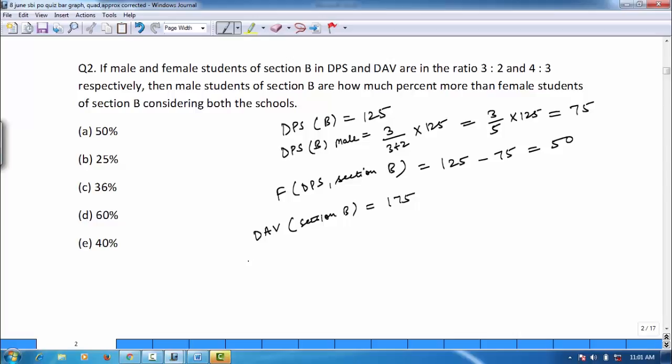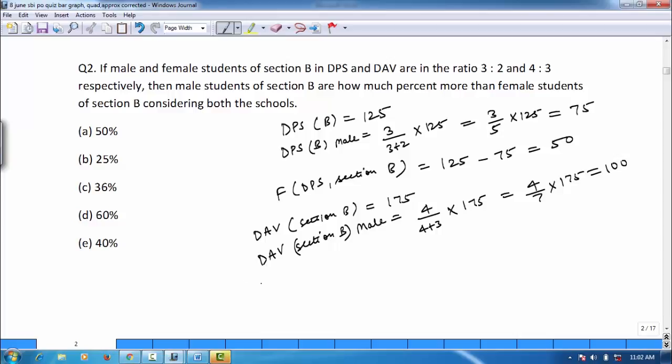And total number of male students from DAV section B will be equal to 4 by 4 plus 3 into 175, that is the total number of students. So this will be equal to 4 by 7 into 175, that will be equal to 100.